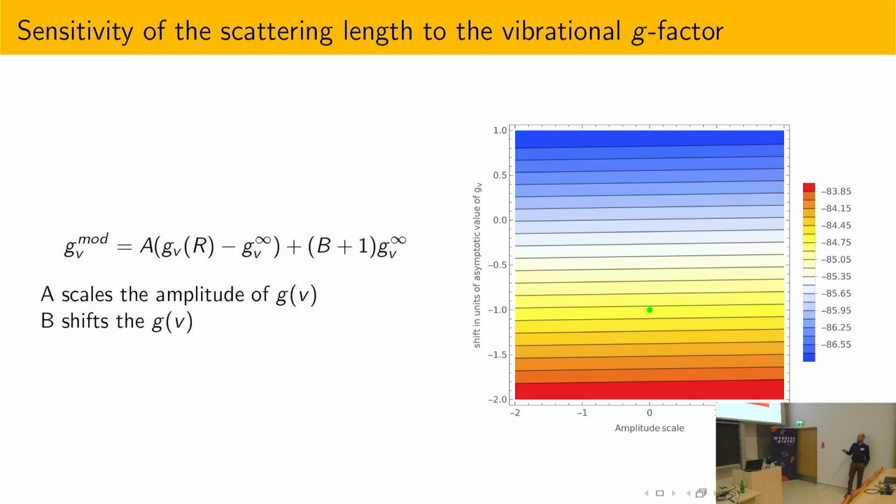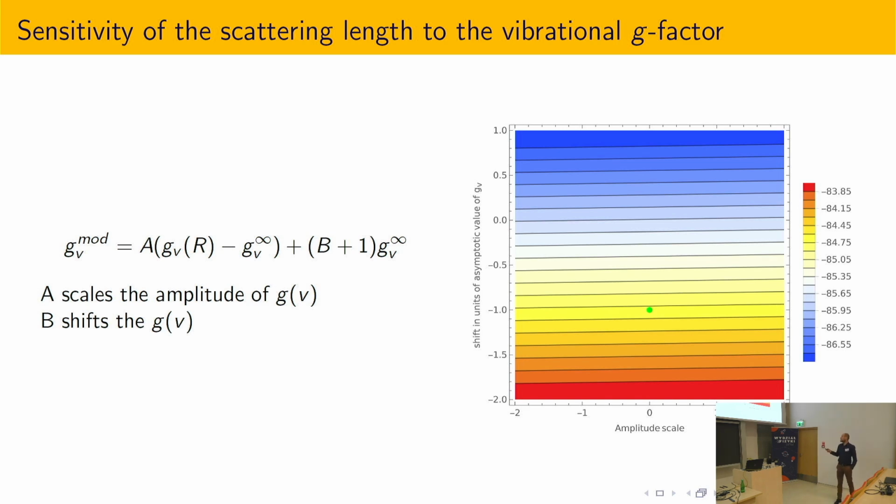One is just the shift of the asymptotic value, and the second scales the amplitude of the changes of the G factor. This green dot here represents the position in which we do not include any non-adiabatic effect in our calculation for the scattering, and here we have more or less the change in the amplitude, which is mostly important for the short range part.